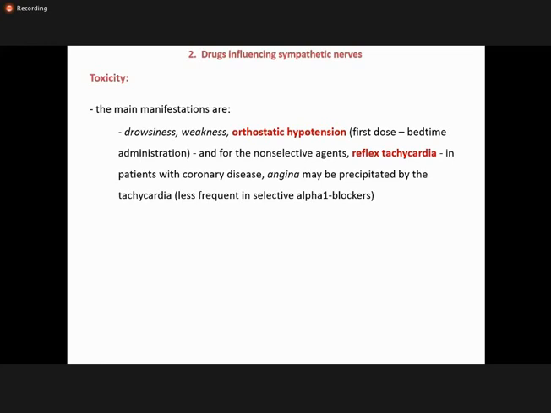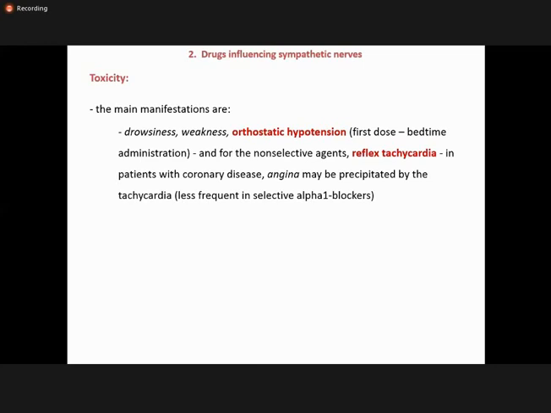Which mechanism prevents this fall in the blood pressure? When from a lying position I change my posture into standing position, blood will have to move from head to toe due to gravity. But it doesn't happen.